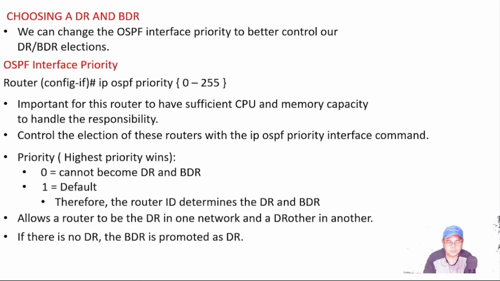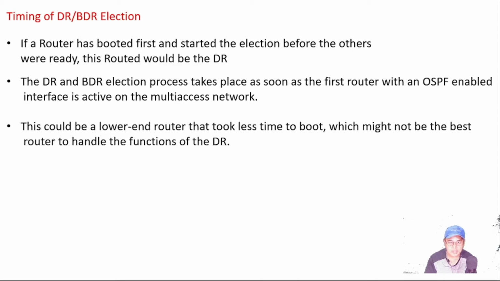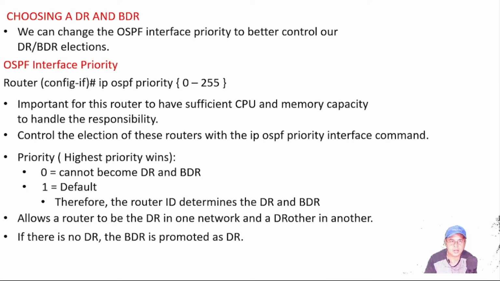Now to influence, or in order to avoid this scenario to happen, we can actually control the election. As a network administrator, we can control the election process. We can choose whichever router we want to be a DR or BDR.